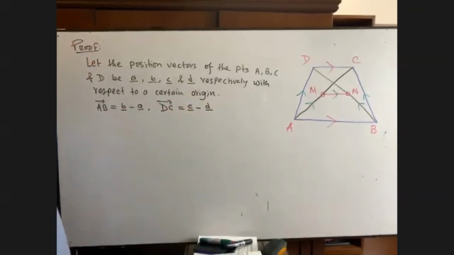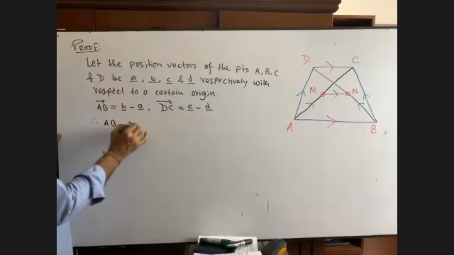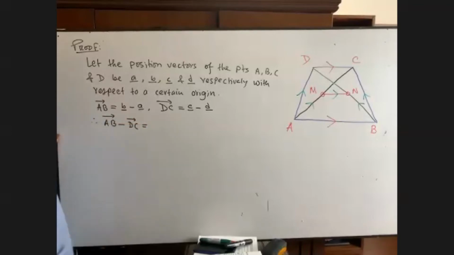In the proof, what do we have? AB minus DC. But in the previous math, it was AB plus DC. Now it is AB minus DC.